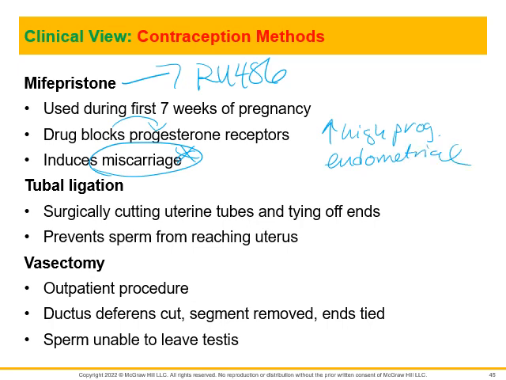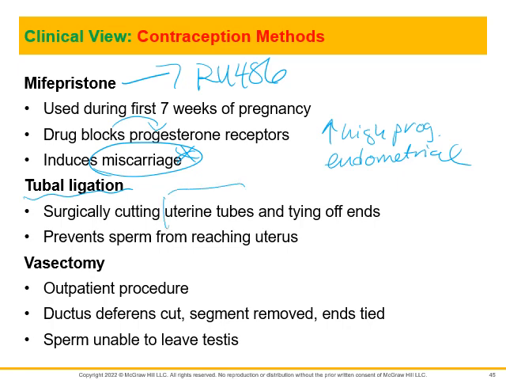Remember that the placenta doesn't develop for a couple of months, and so having this high level of progesterone from the corpus luteum allows for the pre-embryo and the embryo to embed in the endometrial lining. So if I give you a drug that blocks all of the progesterone receptors, that pre-embryo and all of the lining is going to slough off the inside of the uterus. So that would induce a miscarriage.